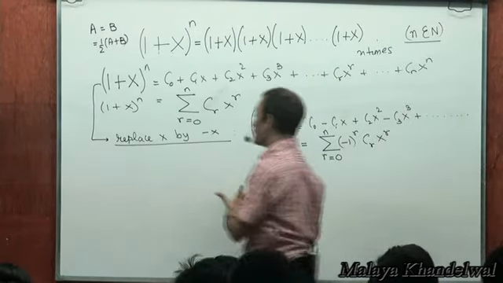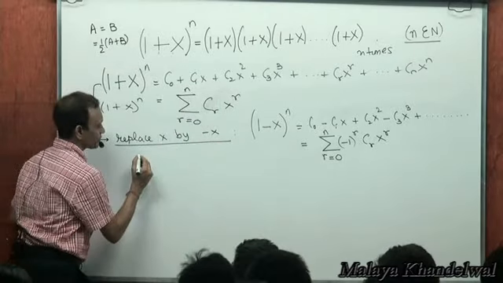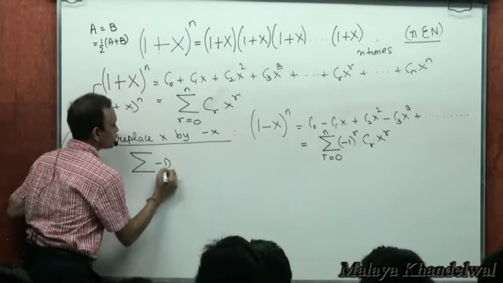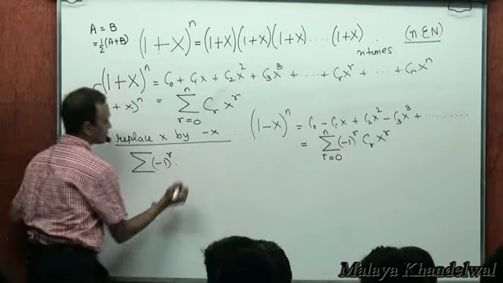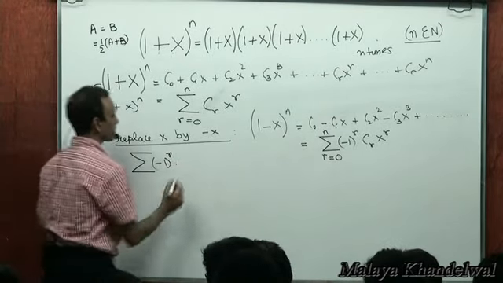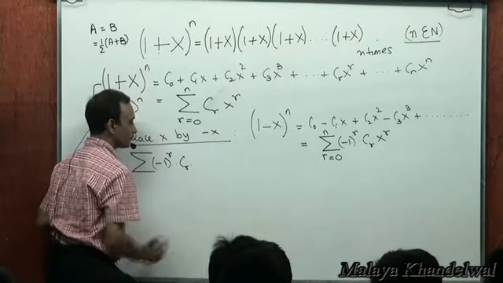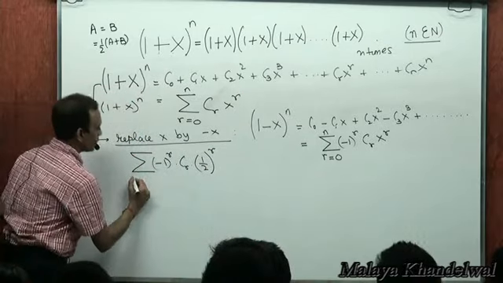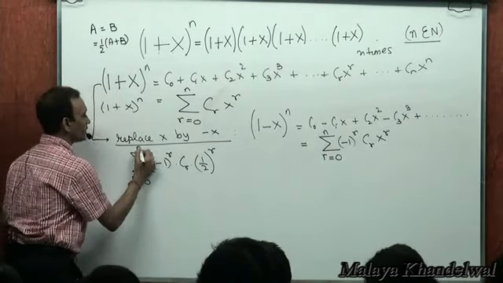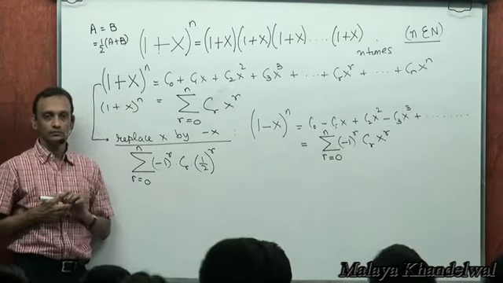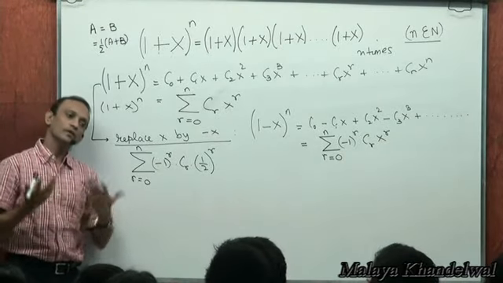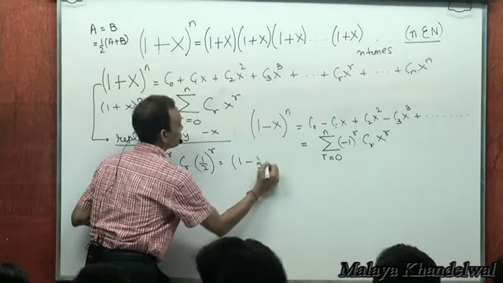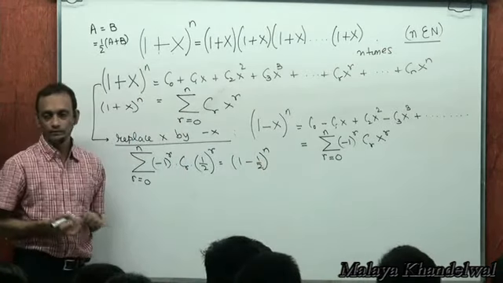Clear? Say if someone gave me summation minus 1 to the power r nCr half to the power r, where r runs from 0 all the way to n. Right, this would be 1 minus half whole to the power n.